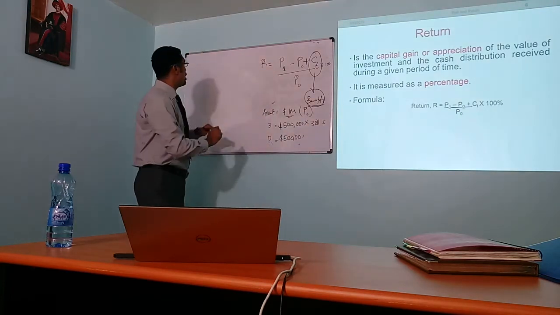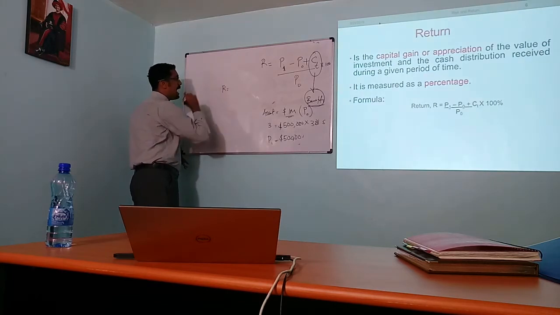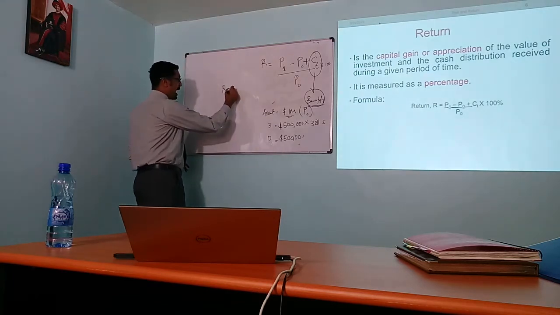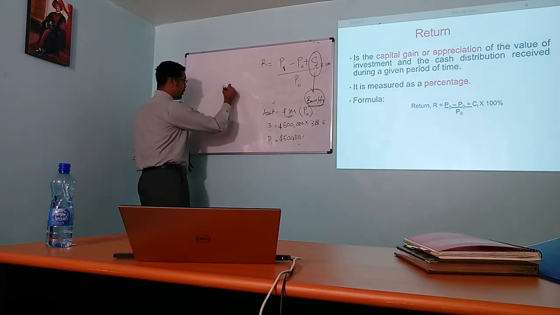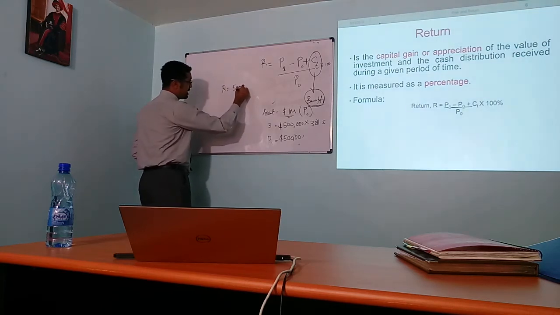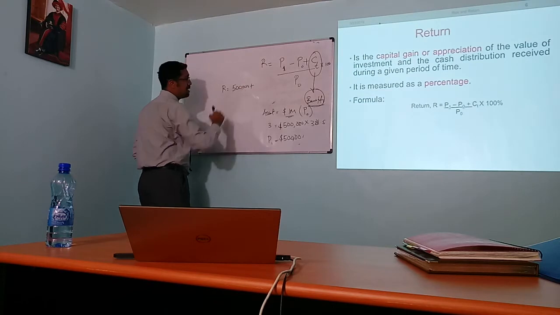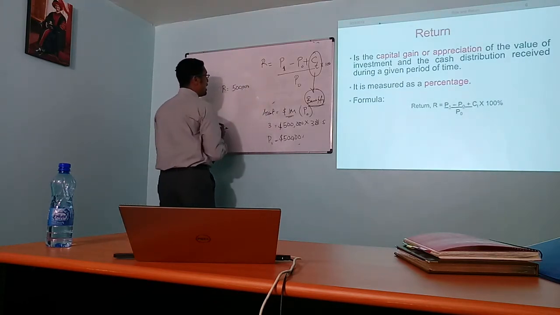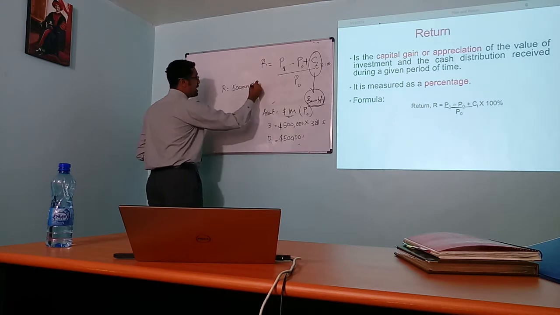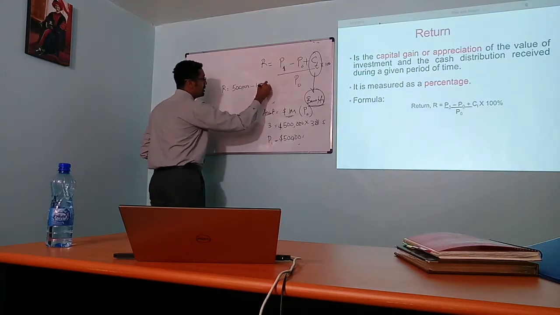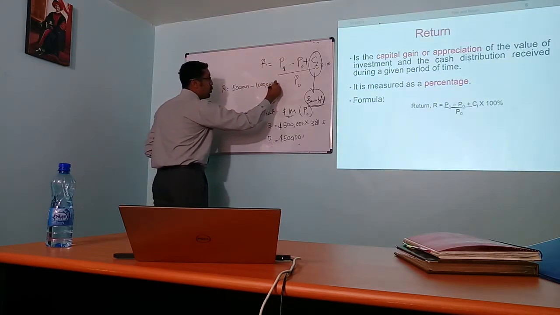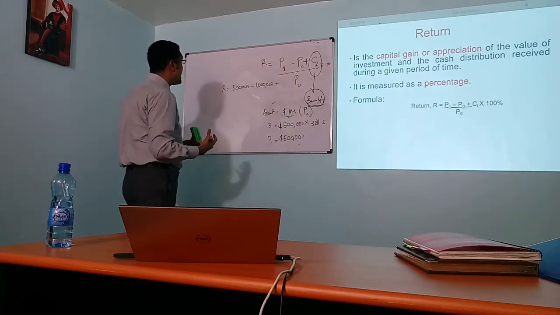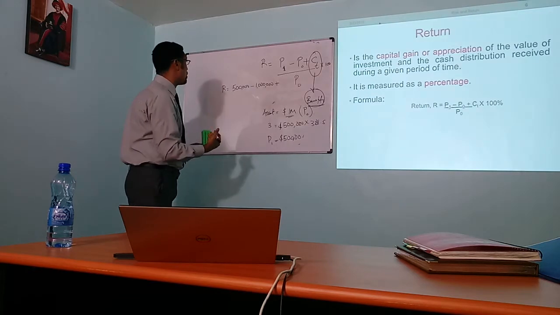So we should be able to calculate return under condition of certainty, whereby at the end of the period we are disposing the asset at 500,000, minus, remember we are subtracting first the initial price, which was 1 million. We need to add all the benefits so that we can see whether we have gained or we have lost.